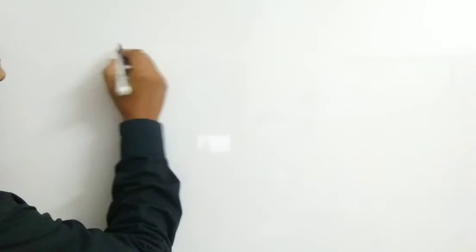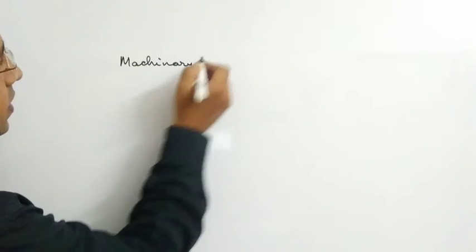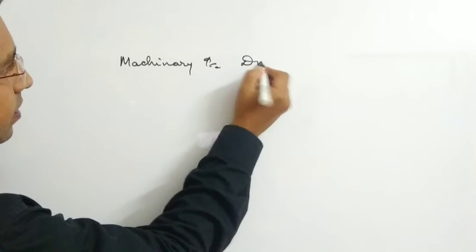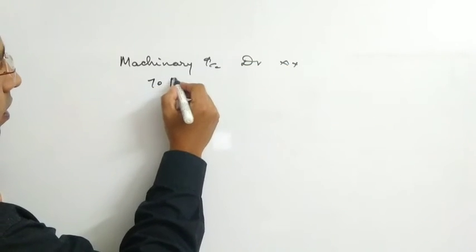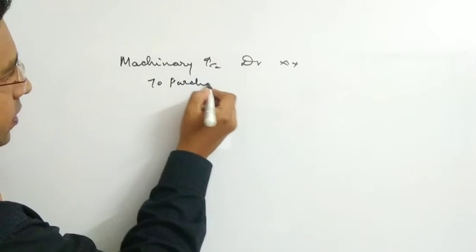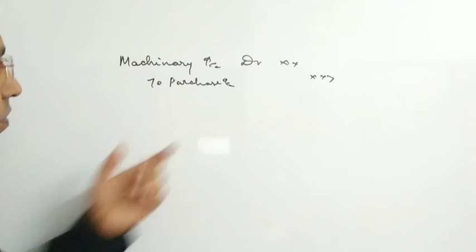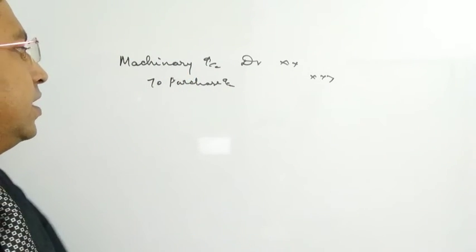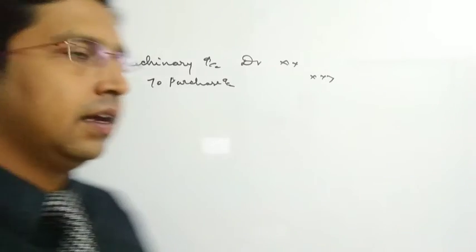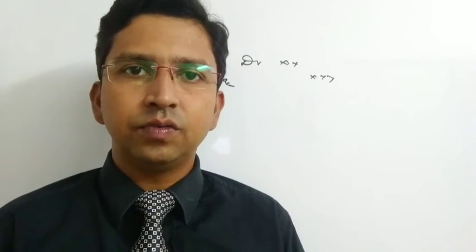So the entry would be machinery account debit to purchase account, for removing. Here we have removed the purchase account and we have added the machinery account. So the error is now rectified.